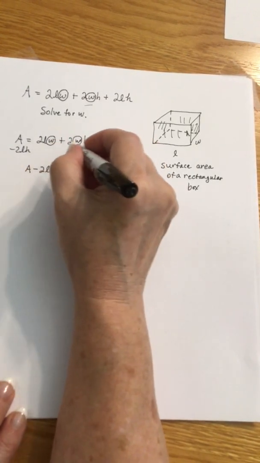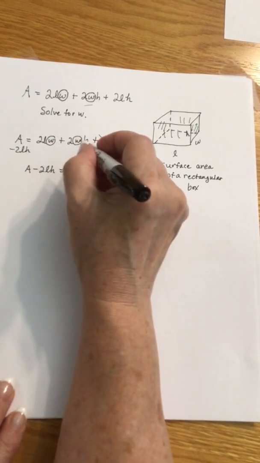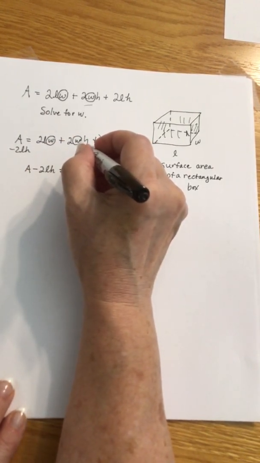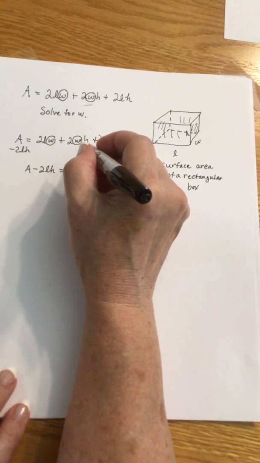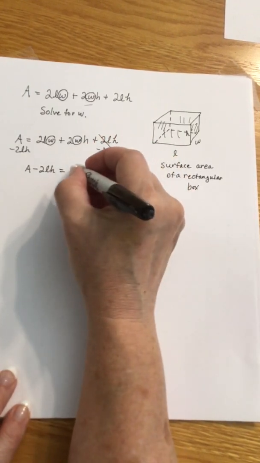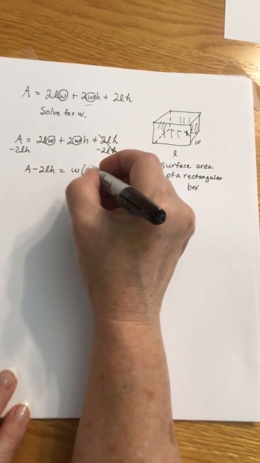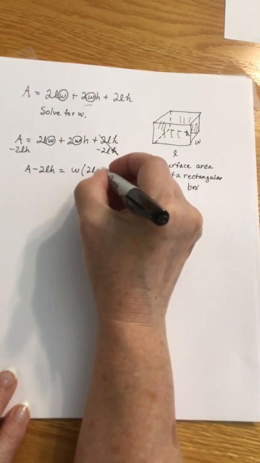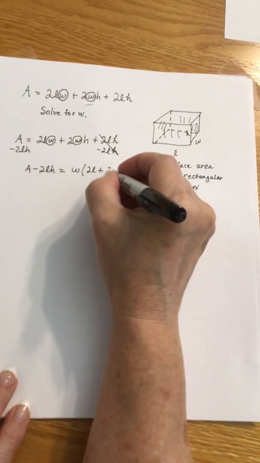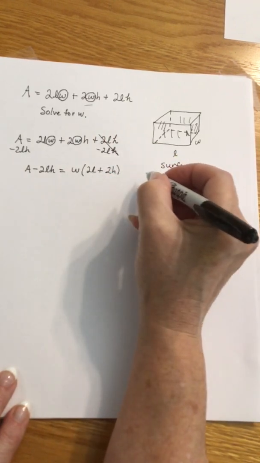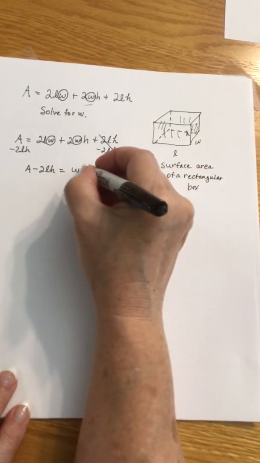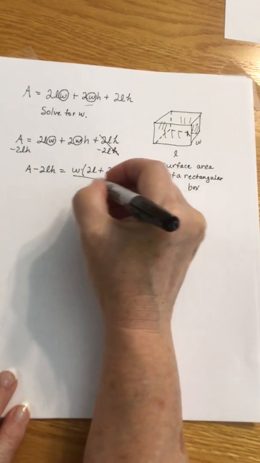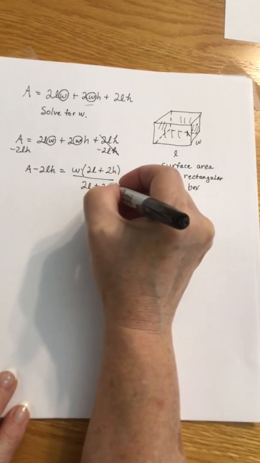Now on these two, we can see that there's a W in common to both of them. There's actually a 2 and a W. But since we're solving for W, we're just going to factor the W out. So if I take a W out of this one, I get 2L. Take a W out of this one, I get 2H. So I'm solving for W, and this is multiplied, so I'm going to divide both sides by 2L plus 2H.